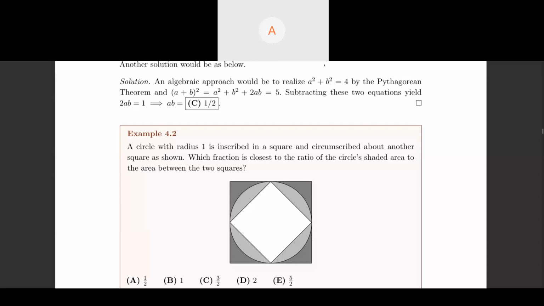Okay, so some people are having some confusion over what the question is asking, so let me just clarify. Anything that isn't white in this diagram, you're looking for the area of anything not white.